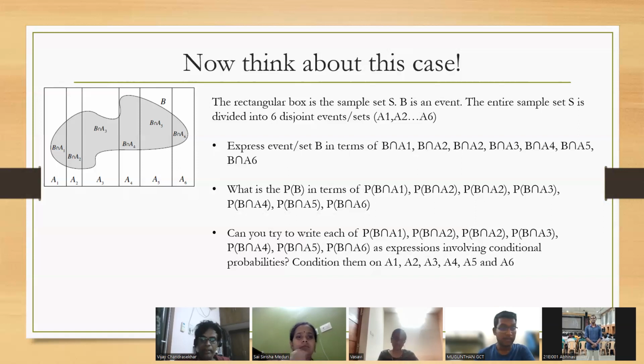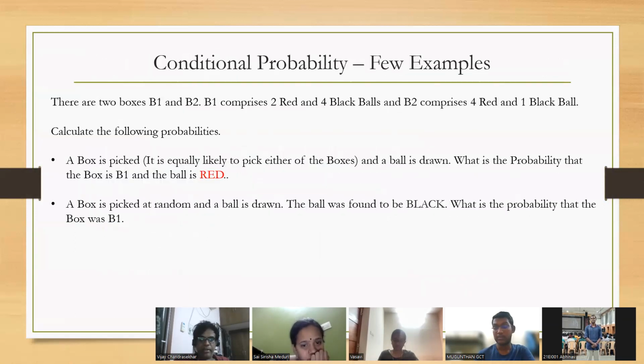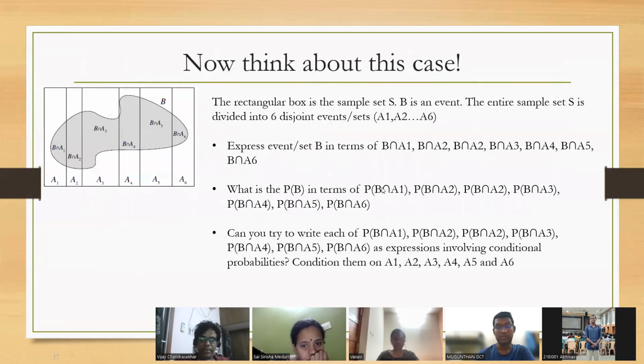All right. Look at this. You see this? Probability of AB is A given B multiplied by P of B, or B given A multiplied by P of A. Both of them are perfectly fine. All right. Okay. So you're right. So now I can express each of these as a conditional probability.